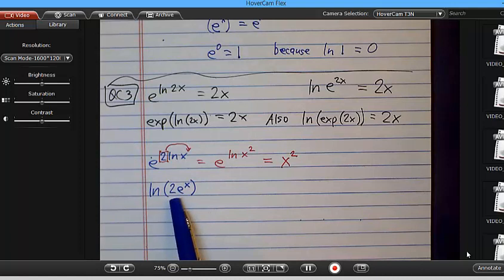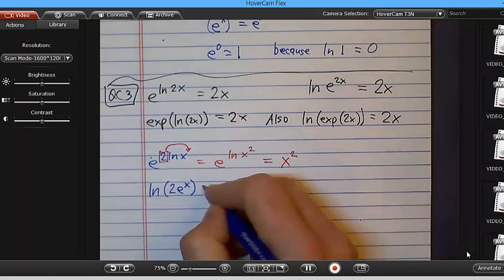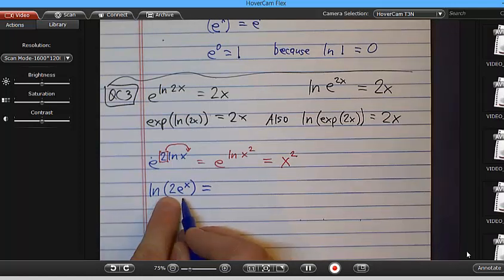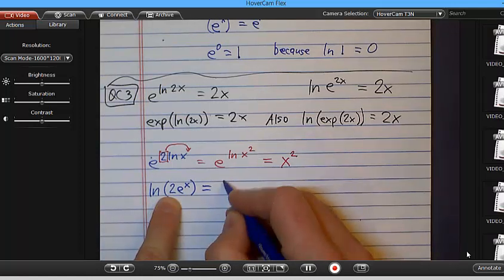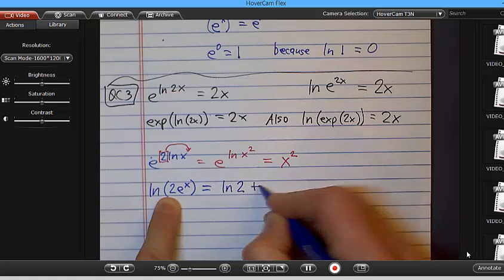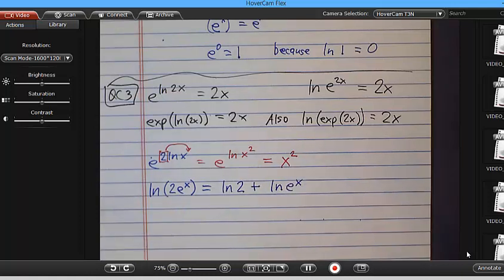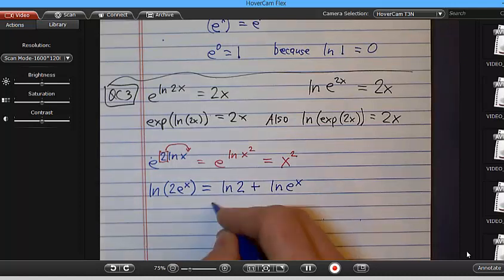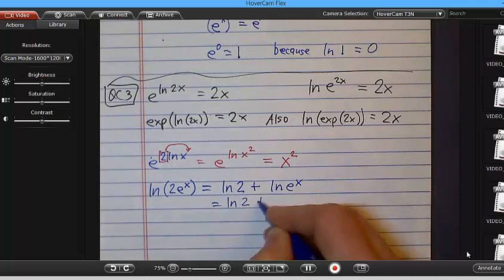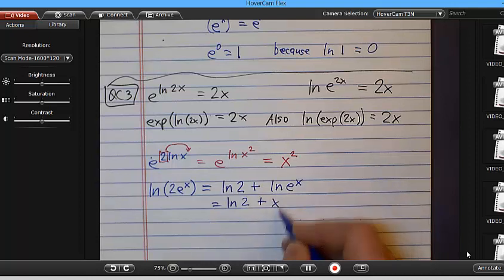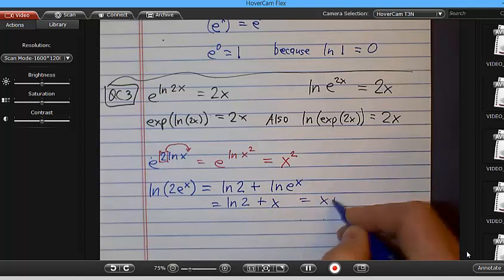I actually saw more than one person try that. But you can do this. What's the natural log of a product equal to? It's equal to a sum of logarithms. There we go. Now what's the answer? Well, this is natural log of 2 plus what? X. Probably the book would write x plus the natural log of 2.